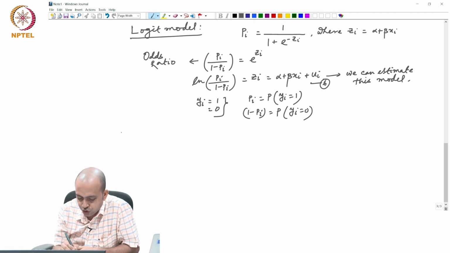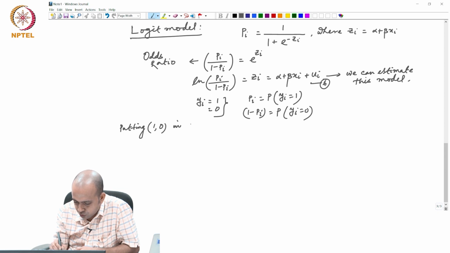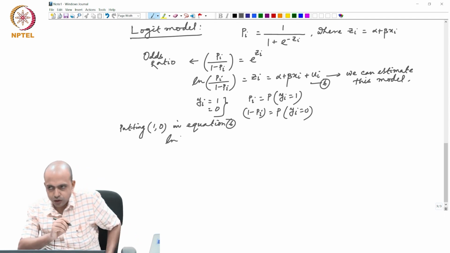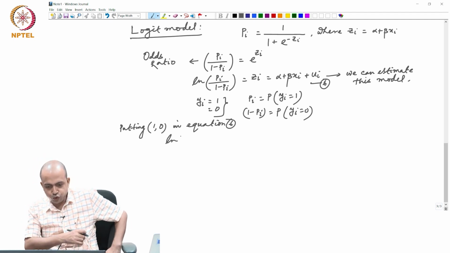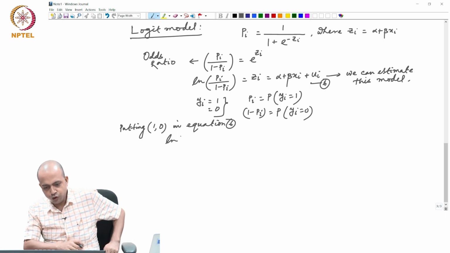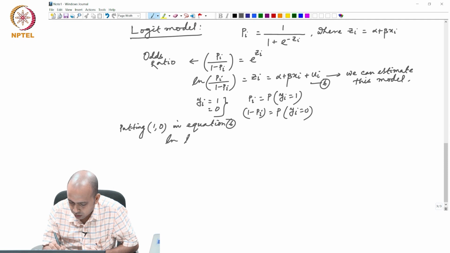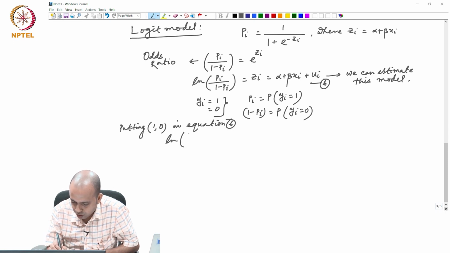If you put 1, it becomes log of 1 by 1 minus 1, which is 1 by 0.